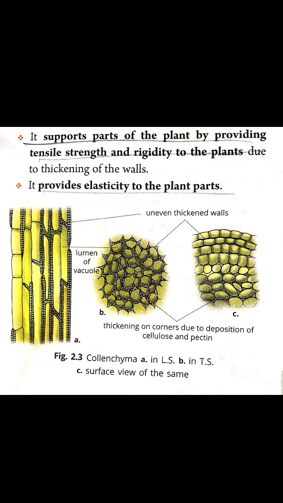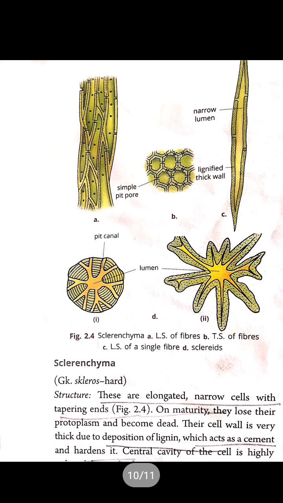Now we come to the sclerenchyma, the third and the most important, which is normally asked. The sclerenchymatous cells are of two types mainly, sclereids and fibers. In the sclerenchymatous cells, the protoplasm is dead, and the cells reach maturity with very small, narrow, tapering ends.